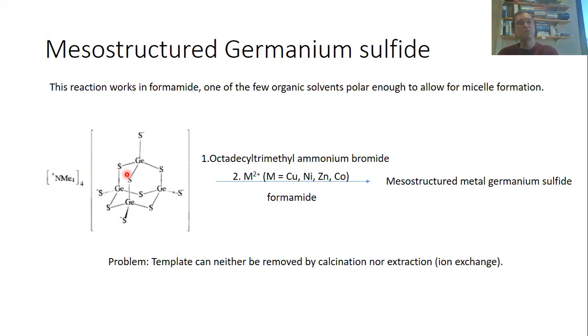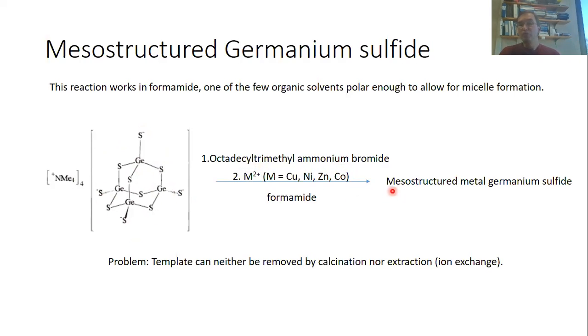Okay, what you can then do in the next step is to add a transition metal ion, for instance, copper 2 plus, nickel 2 plus, zinc 2 plus, or cobalt 2 plus. And then these ions can actually coordinate to these terminal sulfide units and link these germanium sulfide clusters together in the periphery of the micelle.